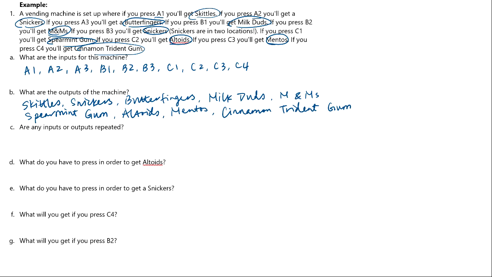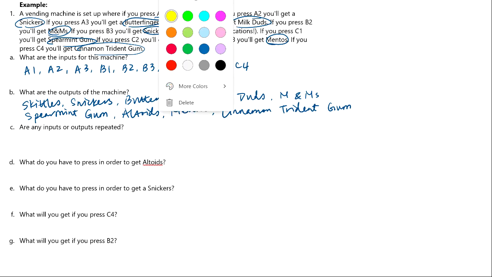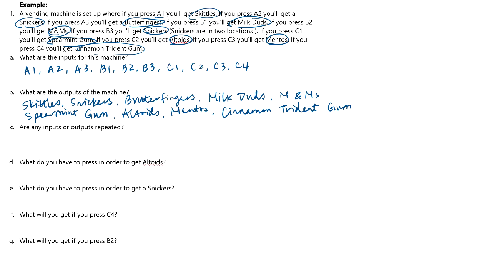Then we want to think about whether there are any repeated inputs or outputs. If we look at the possible inputs, we can see that none of them repeated. But in terms of the outcomes, we already mentioned Snickers is in two different locations, so there is a repeated outcome with Snickers.